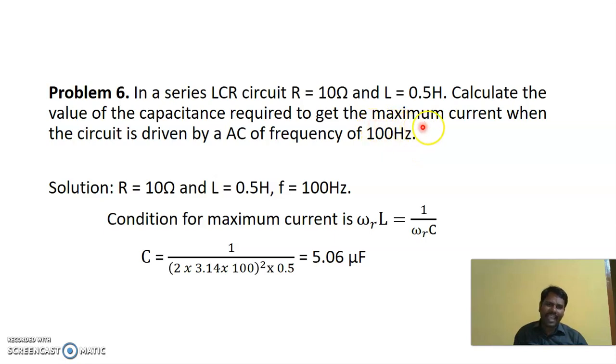So we know that to get a maximum current, it should obey the resonating frequency condition, which is omega L is equal to 1 over omega C. So we know the resonating frequency, which is 2 into 3.14 into 100, whole square, into the inductance, which is 0.5 Henry.